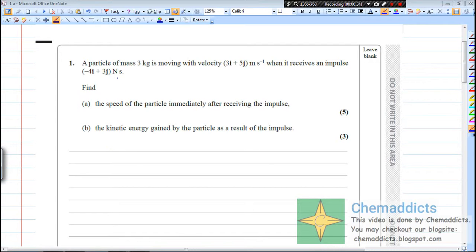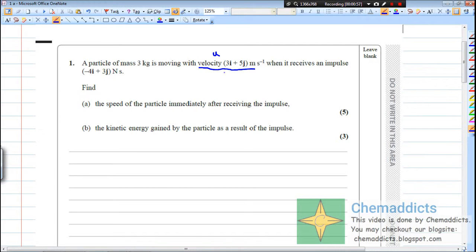So at first let us read the question. A particle of mass 3 kg is moving with a velocity of this many meters per second. So this should be the initial velocity, since it was moving initially with this velocity.